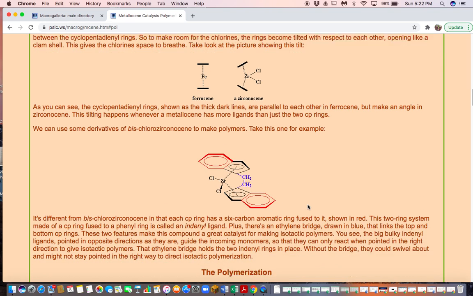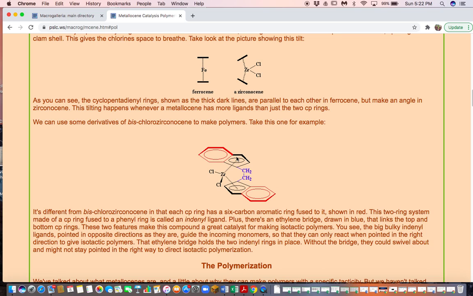You see an extra phenyl ring fused to each one of these cyclopentadienyl anions. Whenever you do this, this produces something called an indenyl ligand. Easy for me to say, right? Indenyl ligand. Got them right up here, and we also have included an ethylene bridge in between them.